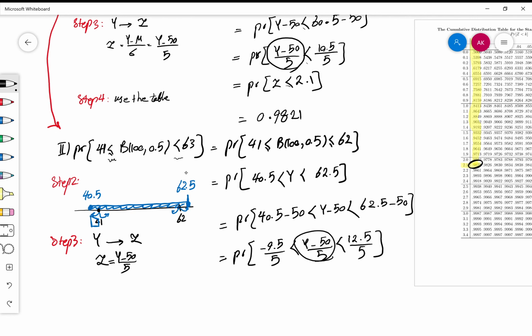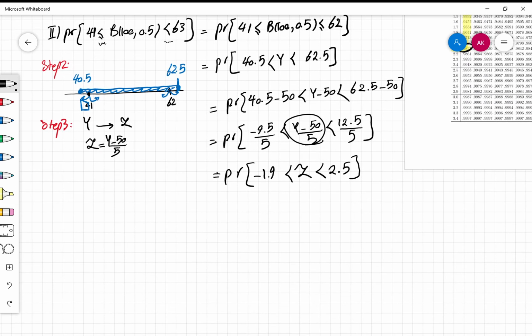This middle piece is Z, so I have the probability of Z being bigger than negative 9.5 divided by 5, which is an easy computation. It will be negative 1.9, and Z less than 12.5 divided by 5 is 2.5.